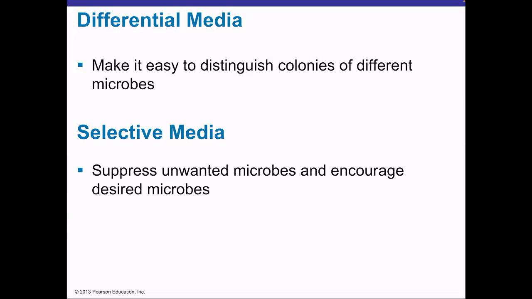Now, when we talk about selective media, a selective medium contains selective agents, or one agent or more than one, that inhibit the growth of unwanted microorganisms while allowing the growth of those that we are trying to isolate.